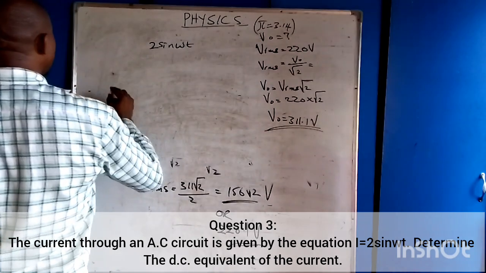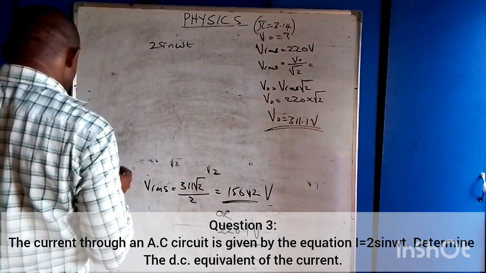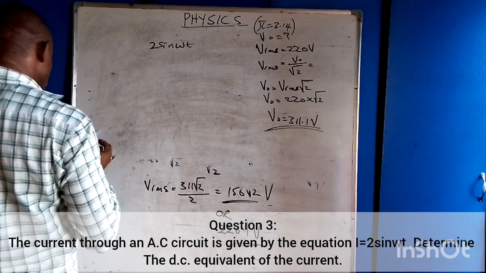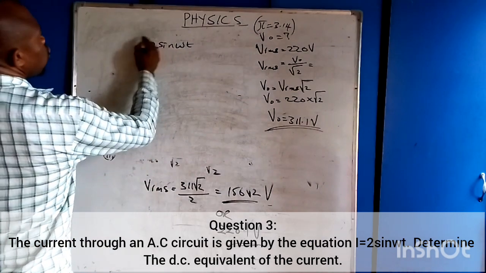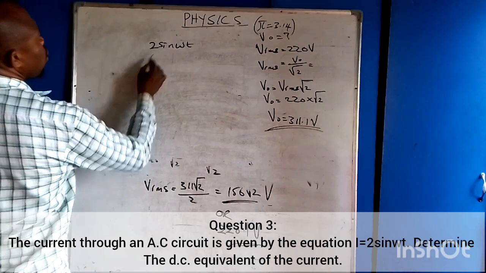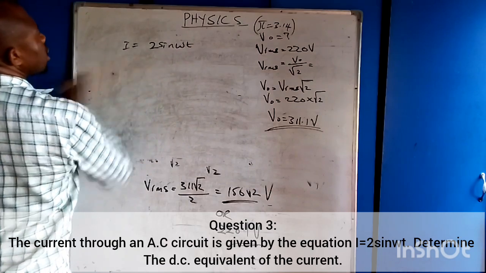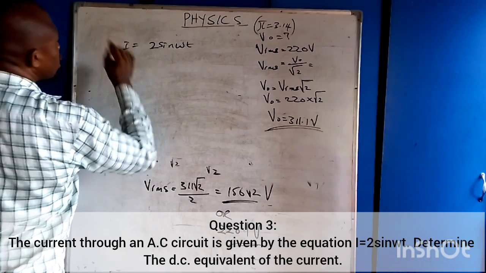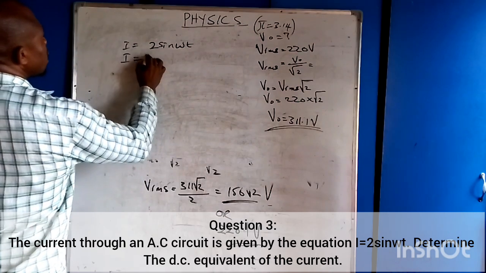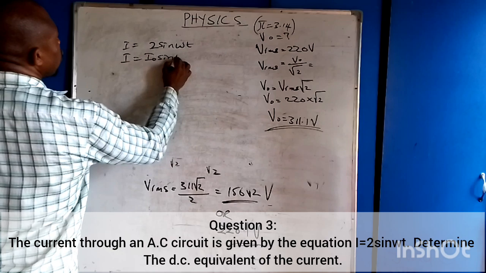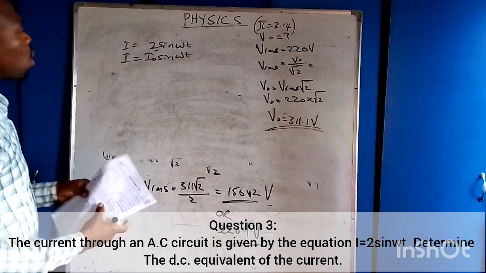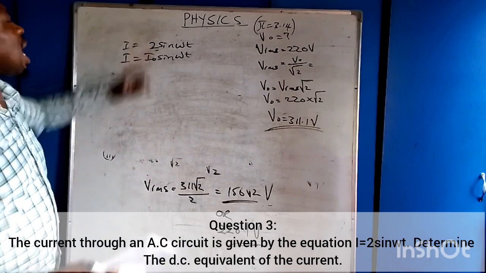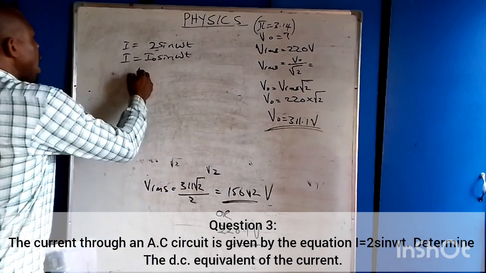So we now have that I naught is given. If you compare with our original equation that says I is I naught sine omega t, you now know that the value attached here is our I naught.